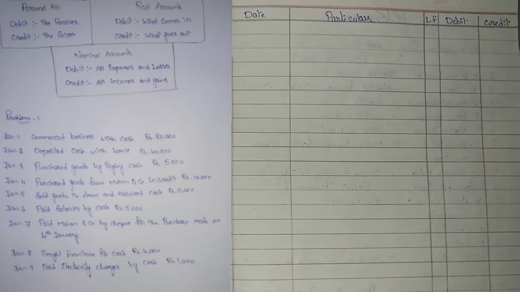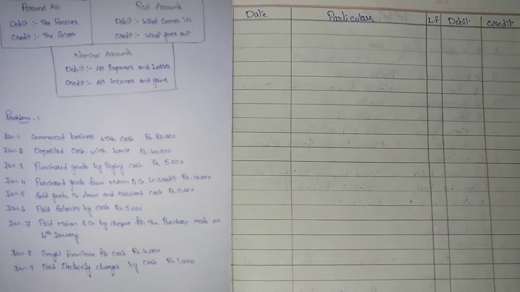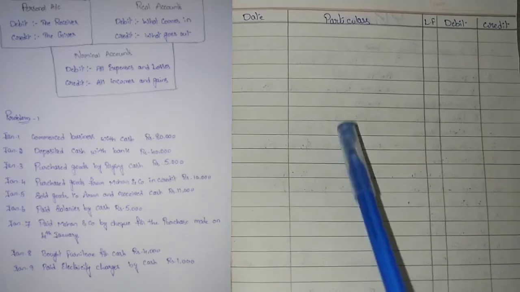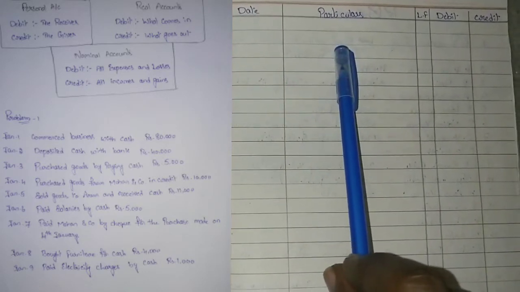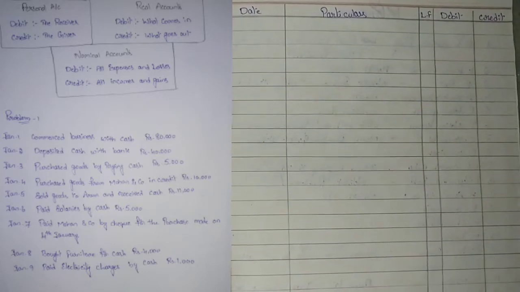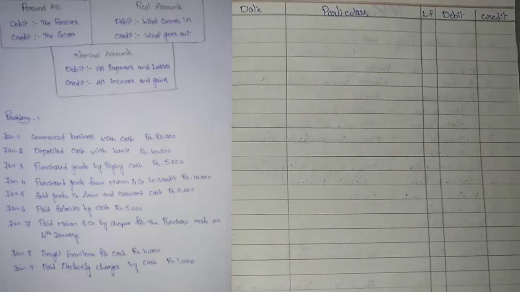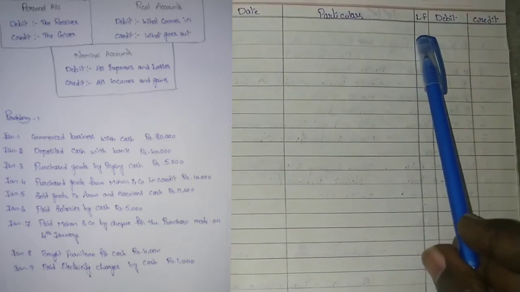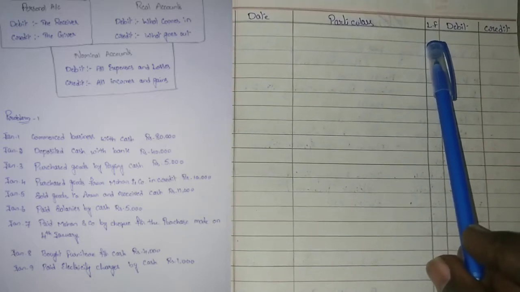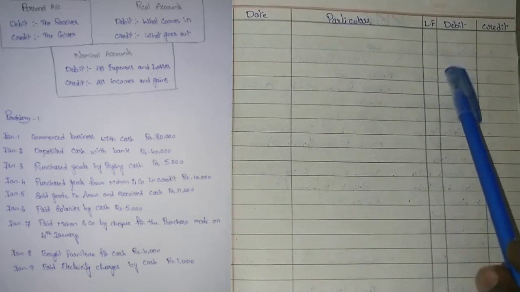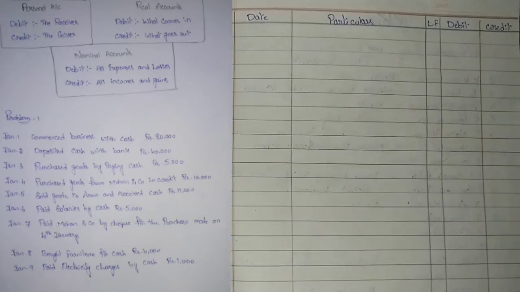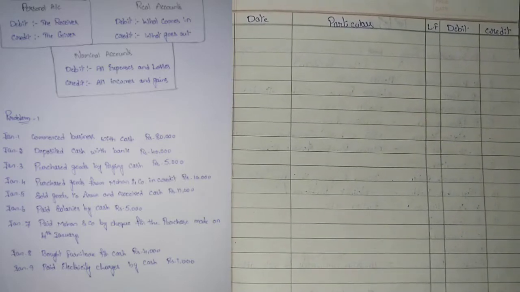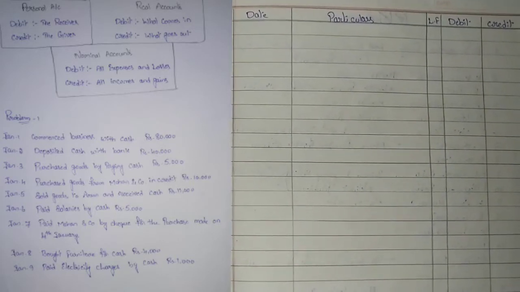Once we are prepared with the journal entries, then we will go for preparing the ledger books. So whatever the transaction you are recording in this journal, so this transaction will be posted to the ledger. So the page number of this transaction in the ledger books will be recorded as a ledger folio in journal books. And debit column will go for debiting the amount should be debited. Credit column will go for writing the amount which should be credited.